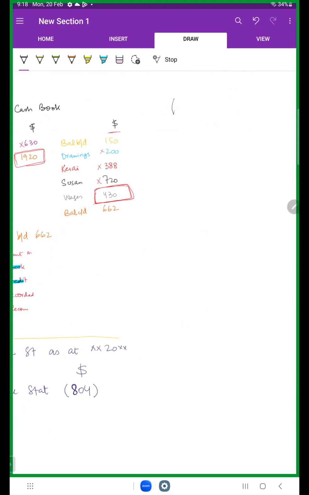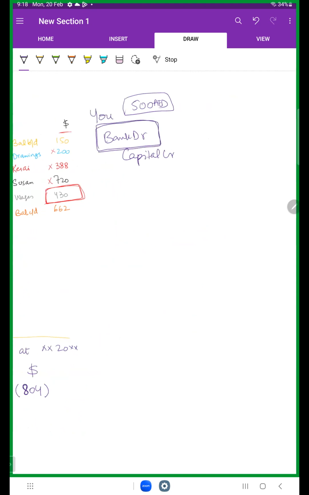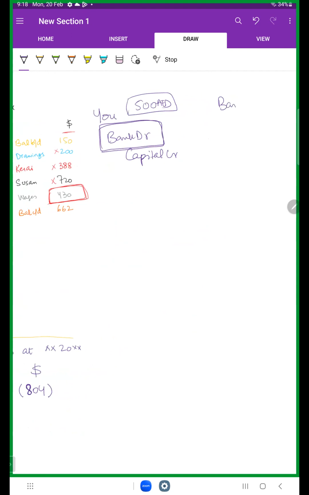You deposited 500 dirhams in the bank. What's the transaction that you made? Bank debit, capital credit? You debited your bank. The bank will credit them. Yes. Why? Because the bank is supposed to repay your money.